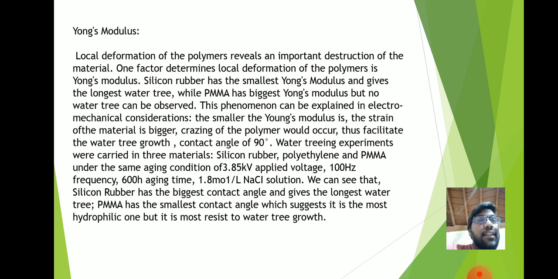We can see that silicone rubber has the biggest contact angle and gives the longest water tree, which has the smaller Young's modulus. PMMA has the smallest contact angle, which suggests it is the most hydrophilic one, but it is the most resistant to water tree growth.